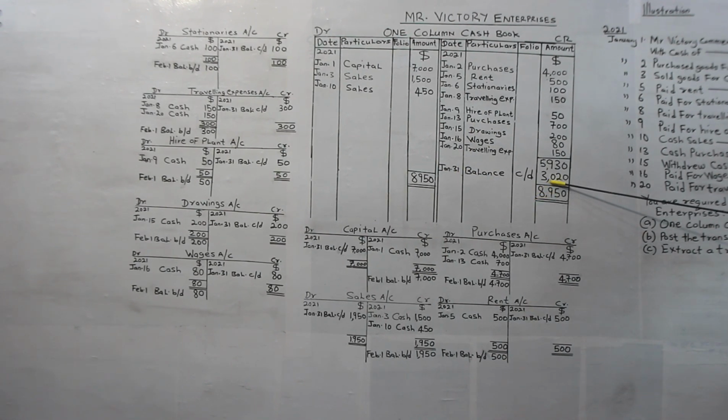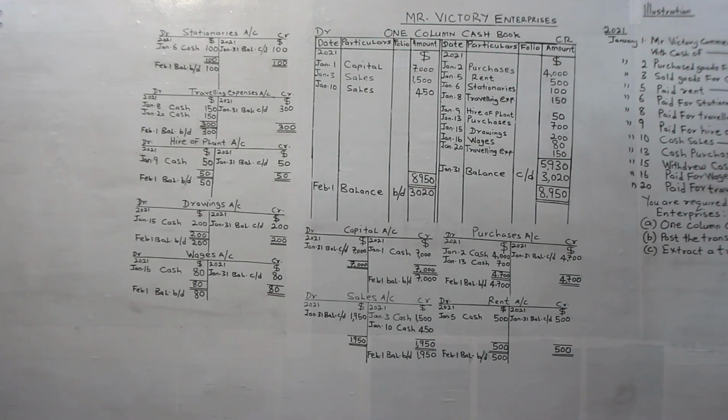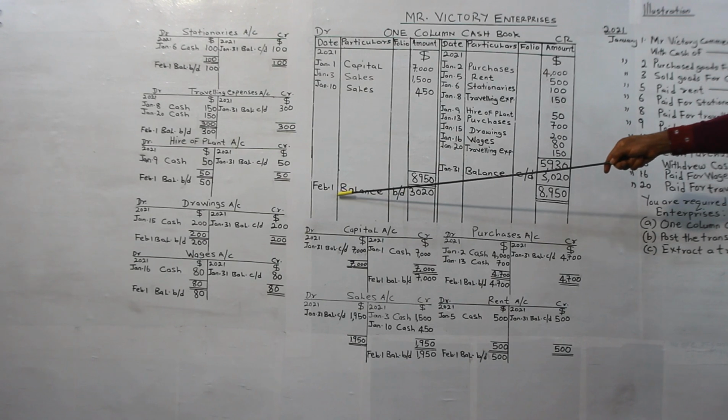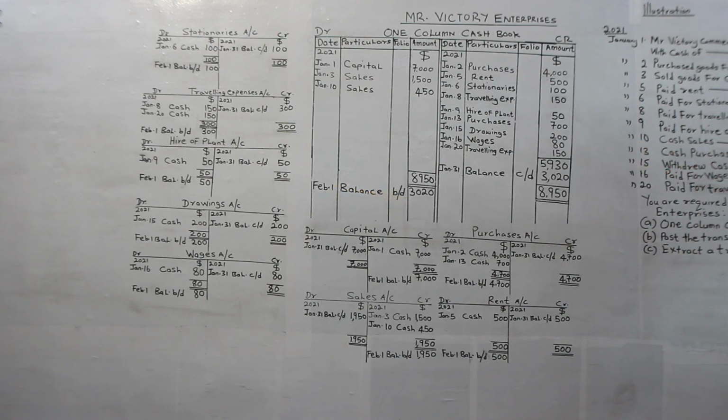So we transfer this 3,020 to the debit side of this account under here, and it becomes the balance brought down for February 1st, 2021.